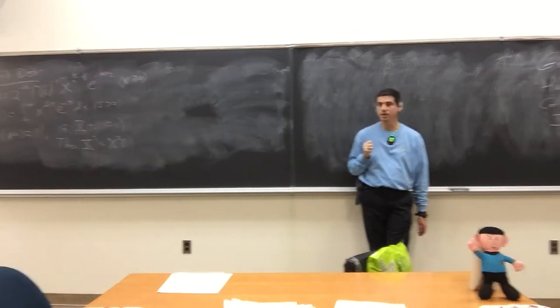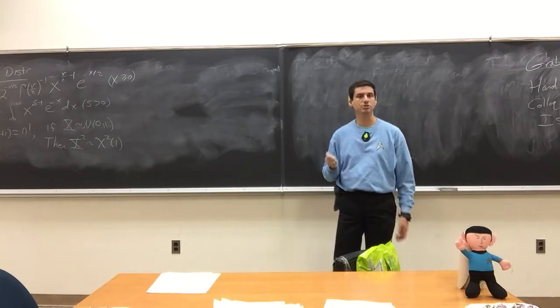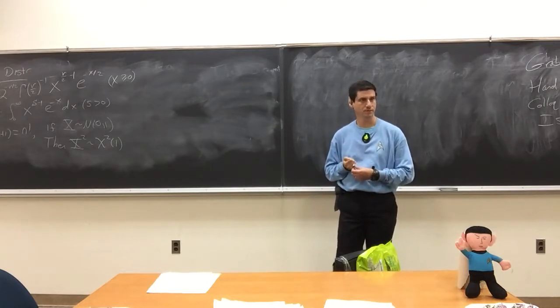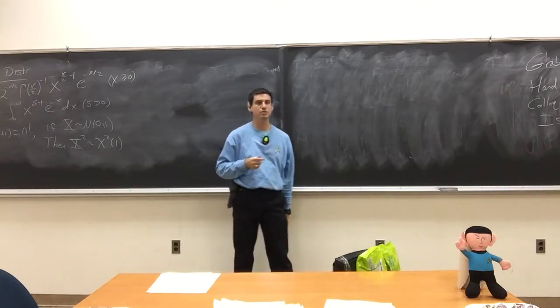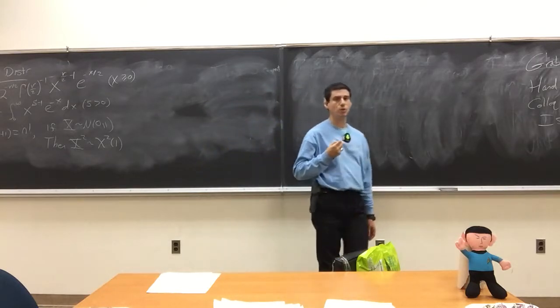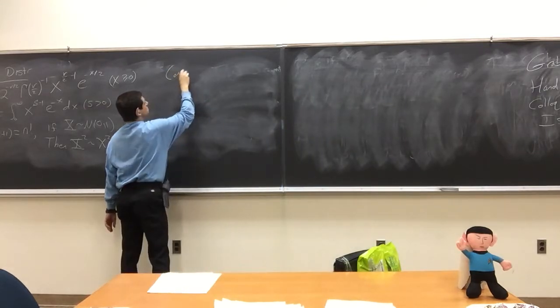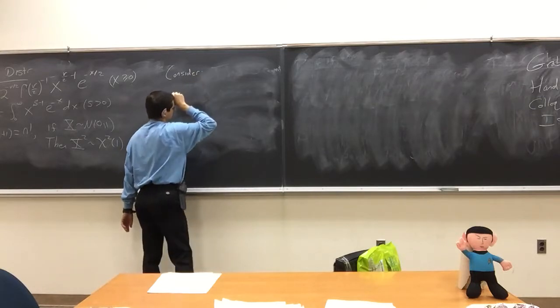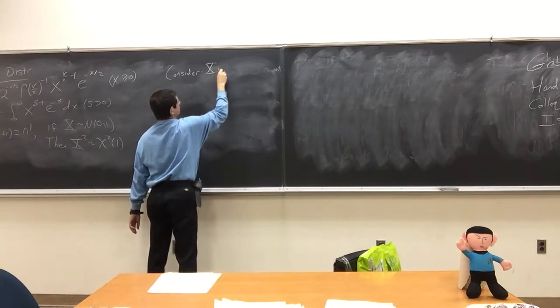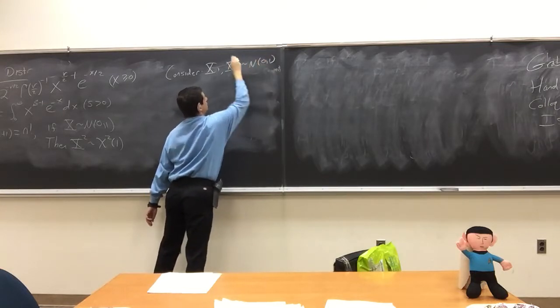It turns out if we have variables that have just 1 degree of freedom, the calculations are a little bit easier. We cannot stay with 1 degree of freedom because as we keep adding, the degrees of freedom increase. But let's just look at that one special case. So let's consider x1, x2, both normal 0, 1 and independent.